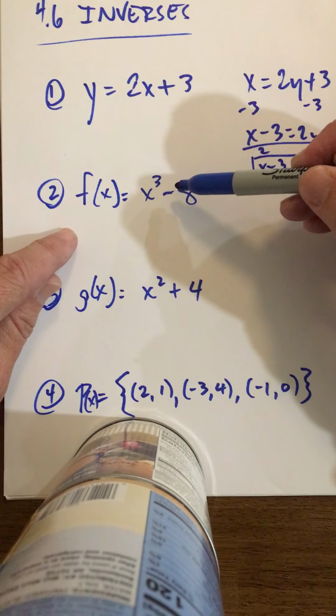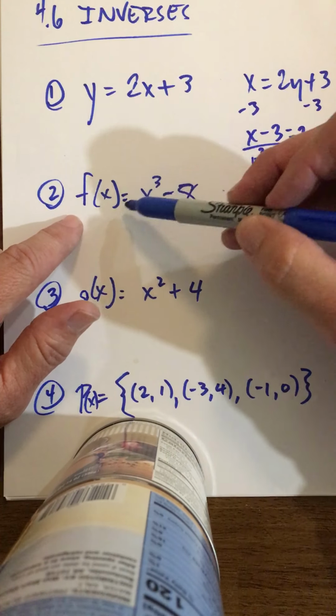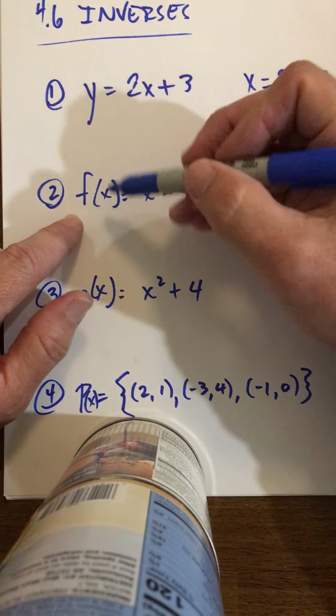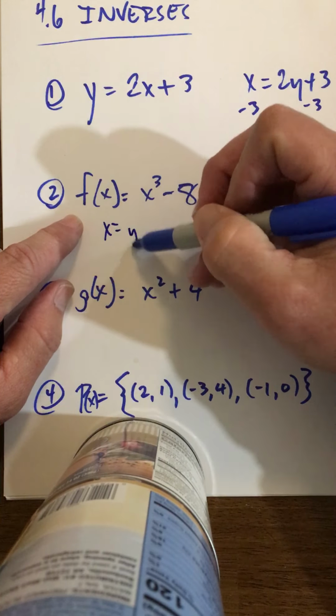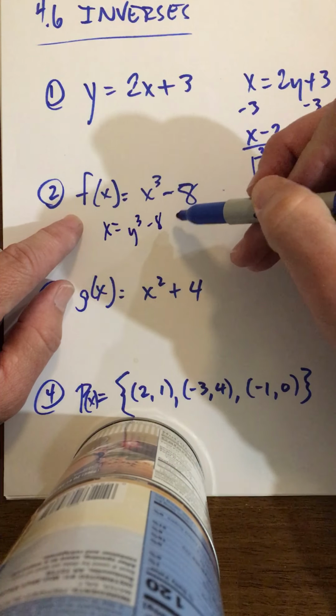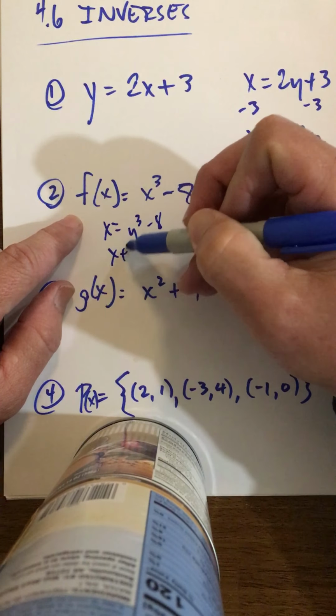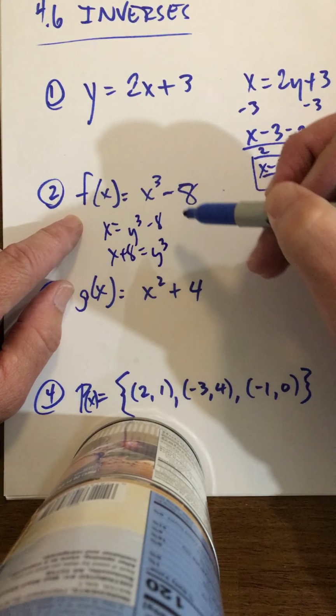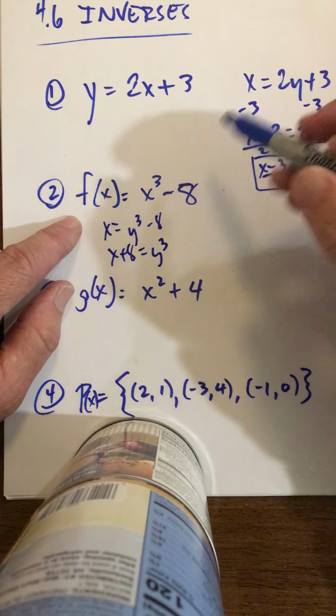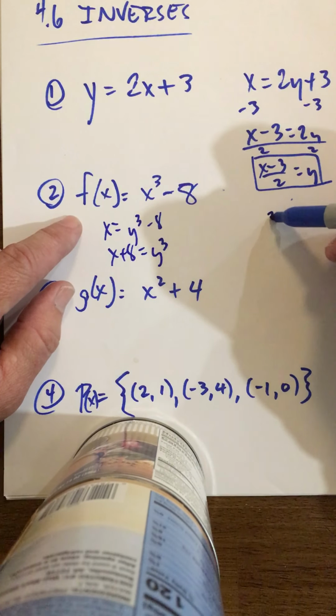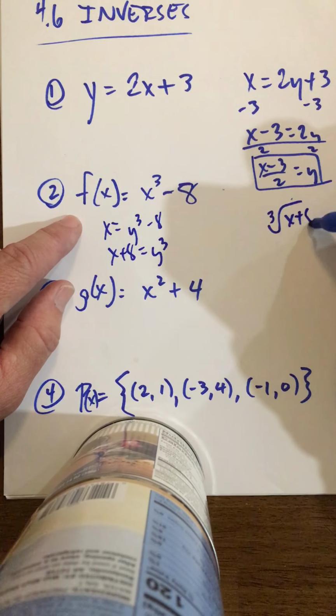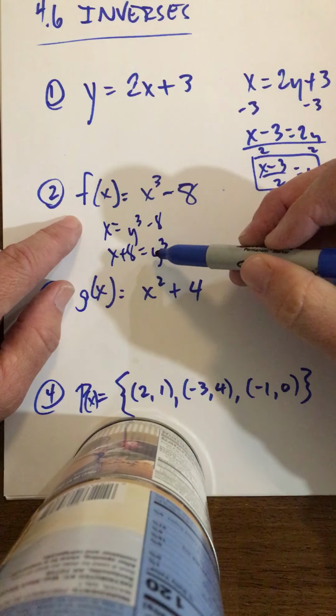For this fella here, same thing. Remember, that's y equals. So when you swap the x's and y's, this would be x equals y to the third minus 8. You'd add the 8 to both sides. And then to get rid of that cube, you do the cube root of that side over there. So that'd be the cube root of x plus 8. And that would be y equals.